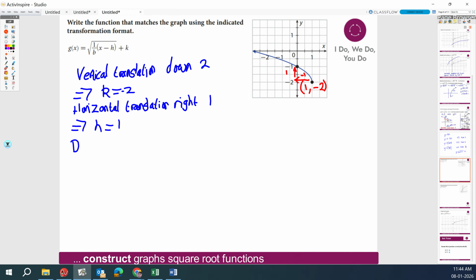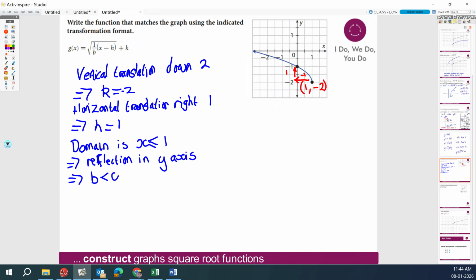It stays the same. Domain is x is less than or equal to 1. This is a reflection in the y-axis. So b is less than 0.